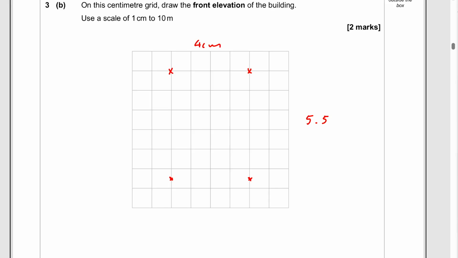Okay, so then we use our ruler to draw our rectangle. There we go.